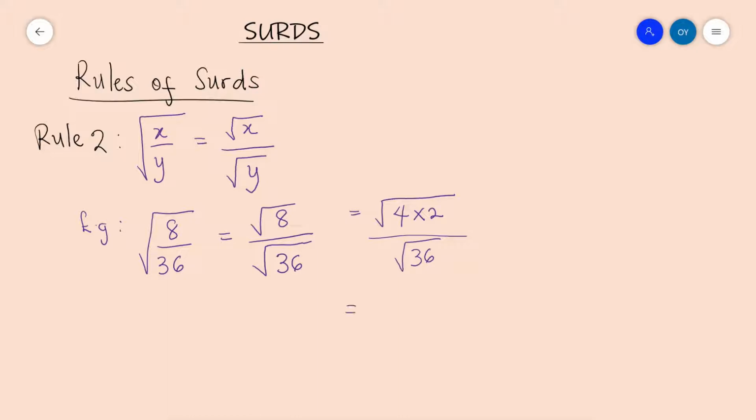So, the square root of 4 multiplied by the square root of 2, divided by the square root of 36. And this we can write as the square root of 4 is 2, root 2 divided by 6.